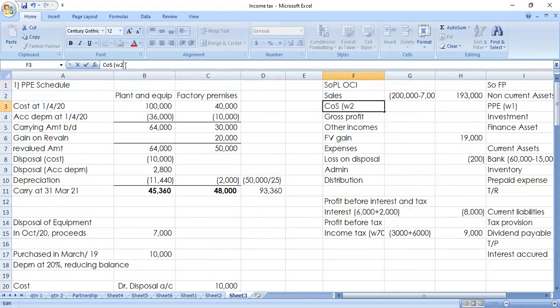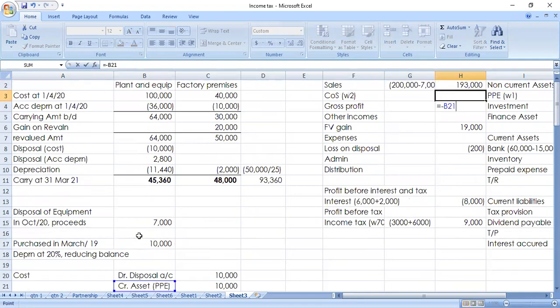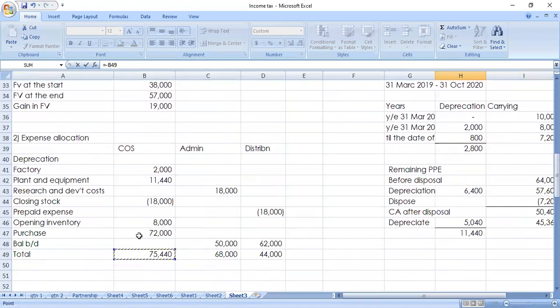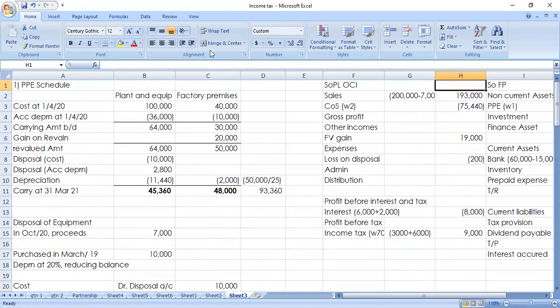This figure is coming from working number 2, and it is none other than, let me just reference. Referencing 75 for 40. Sales error, we already saw. Where did we get? Okay. Thank you. Sweep up. Okay, so Mariam, you have had the sweep up.